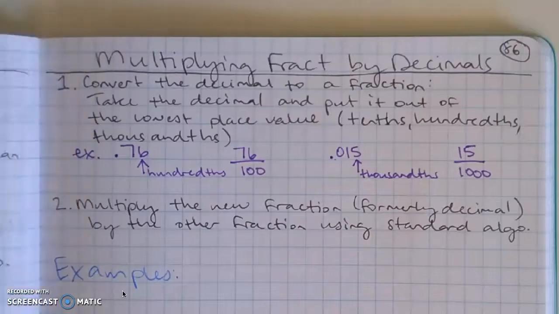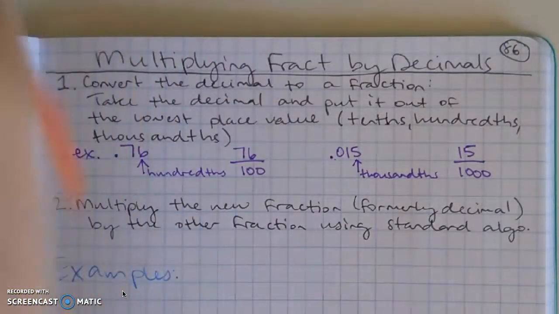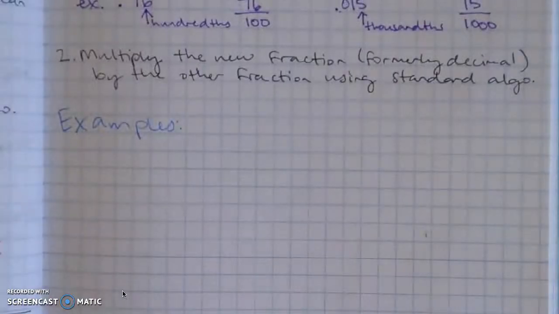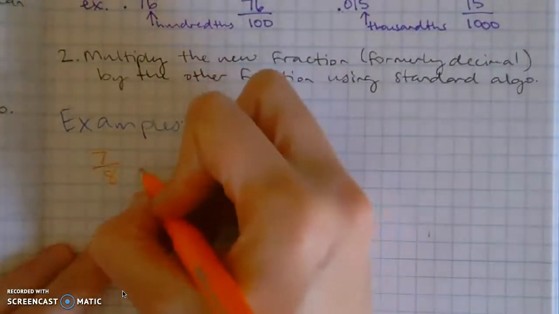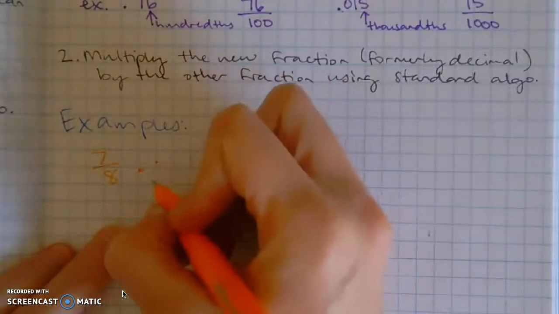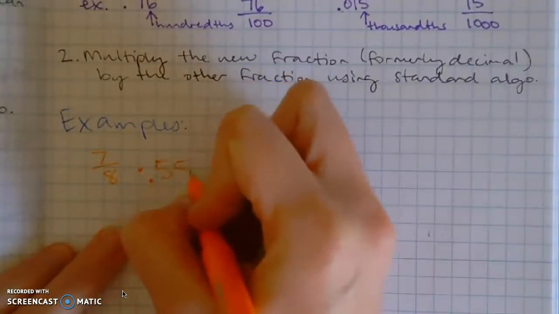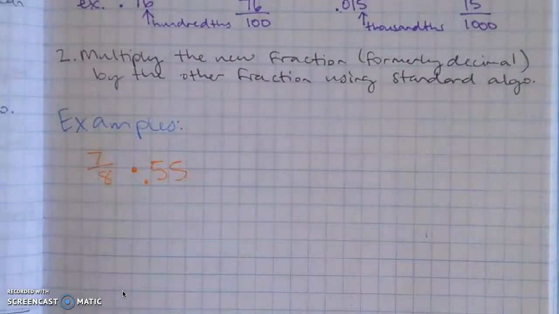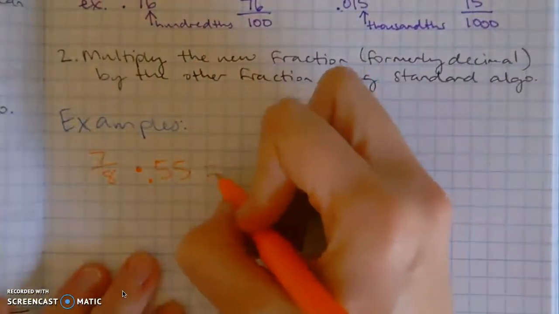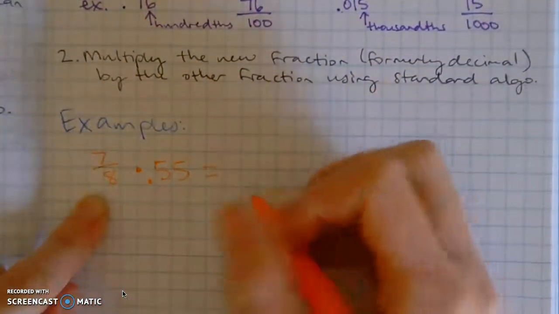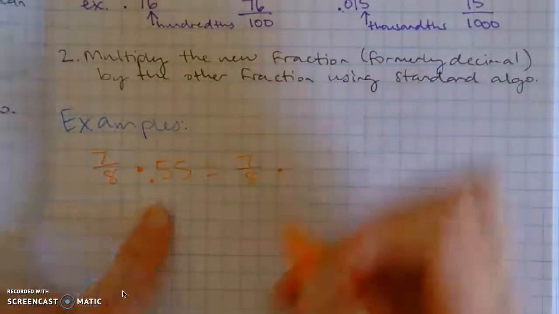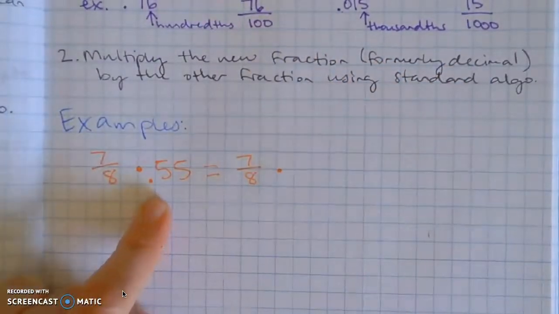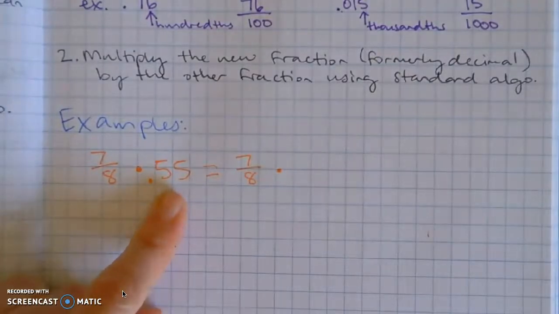All right, so we're going to do 7/8 times 0.55. Okay, so I know that 7/8 is already in its proper fraction, so I'm going to leave it alone. So I'm going to do 7/8, and now I need to get 0.55 or 55/100 out of a fraction.